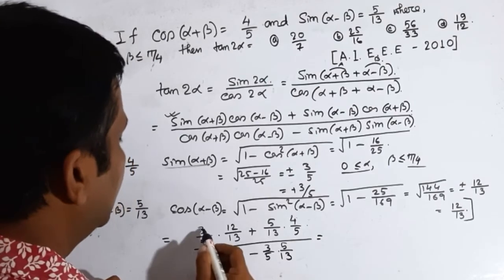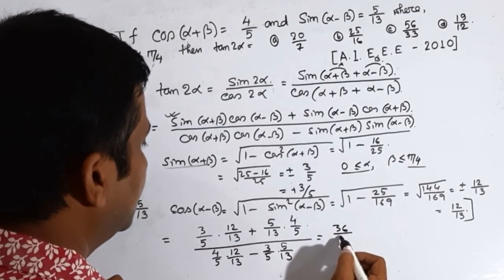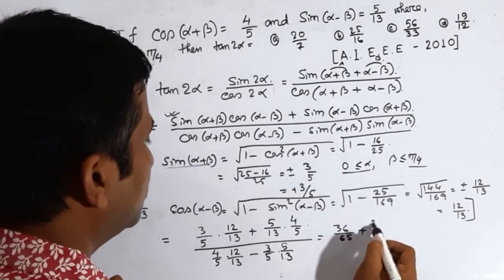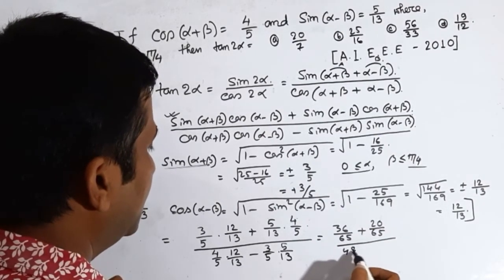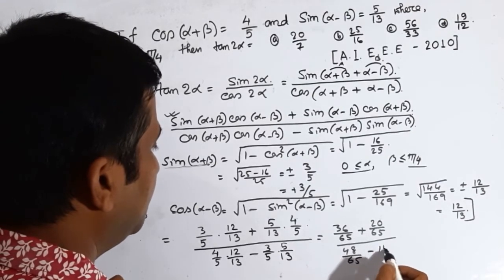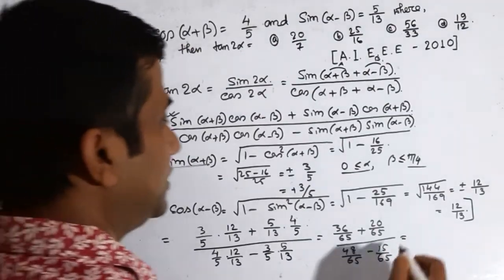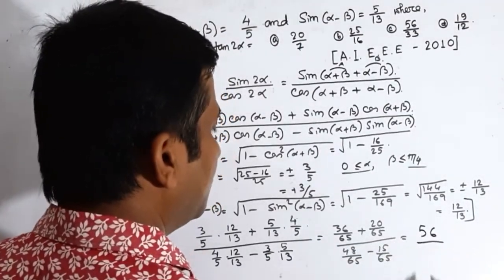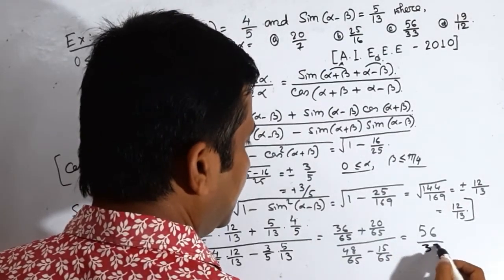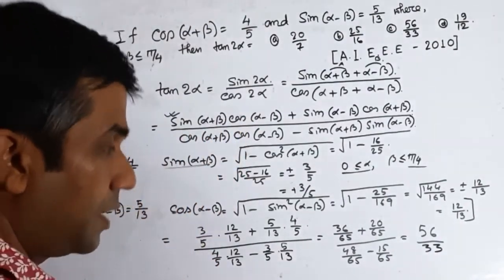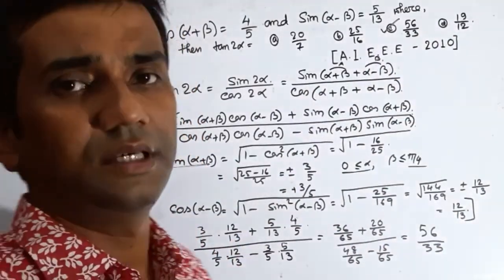Calculating, we get 48 by 65 plus 20 by 65 over 48 by 65 minus 15 by 65. That means this is equal to 56 by 33, and this is your answer. So C is your correct answer.